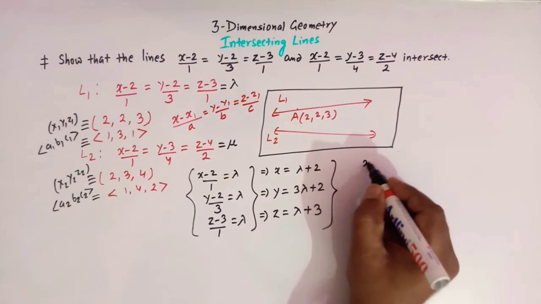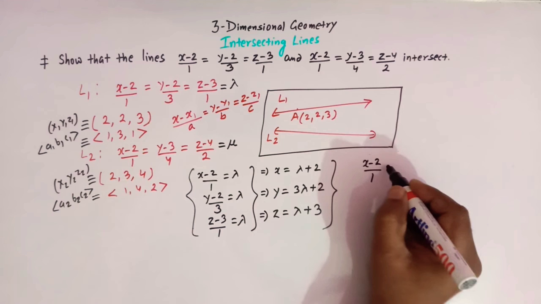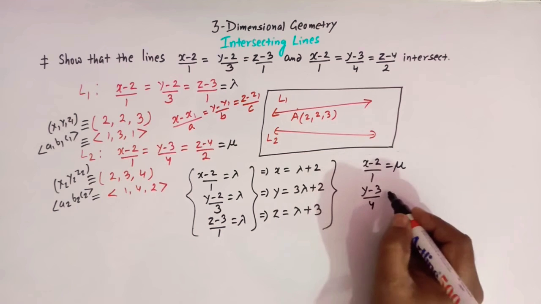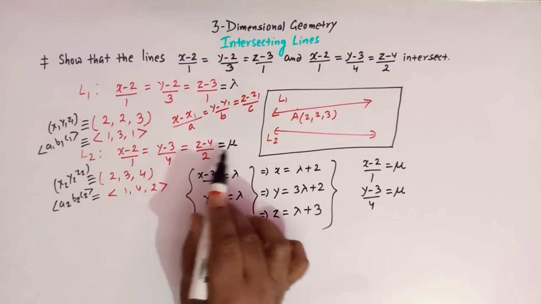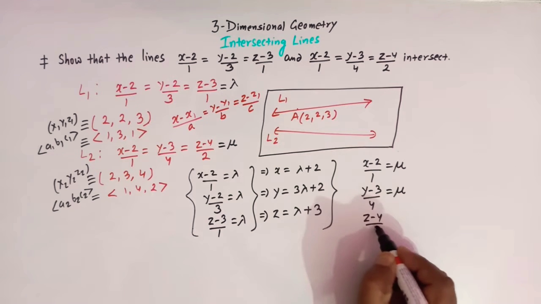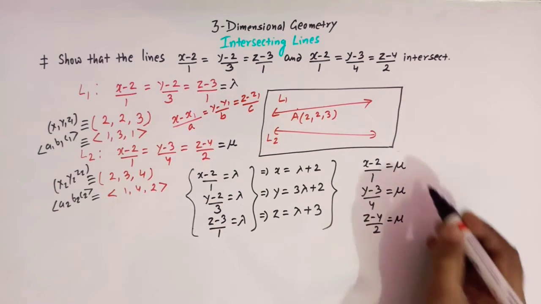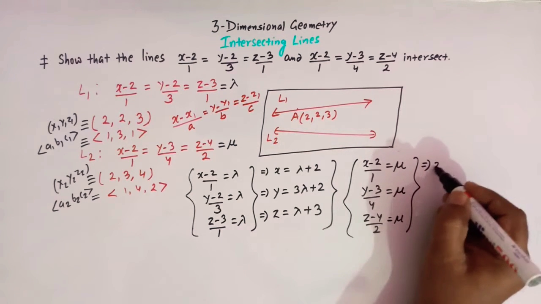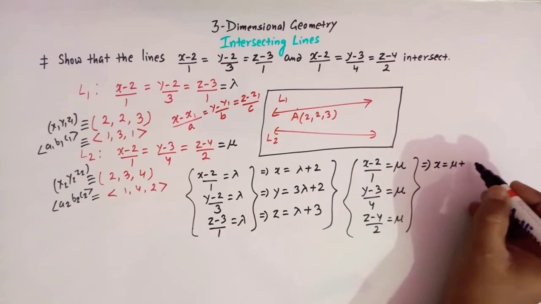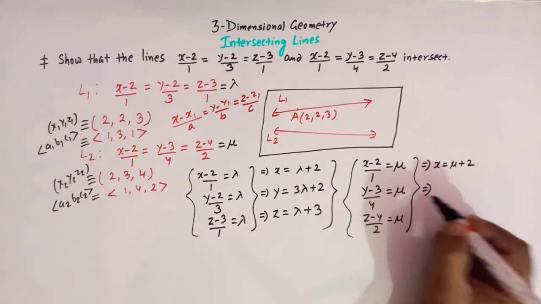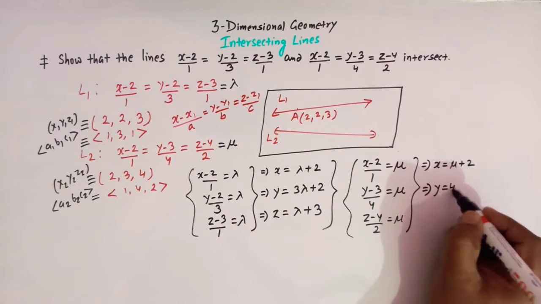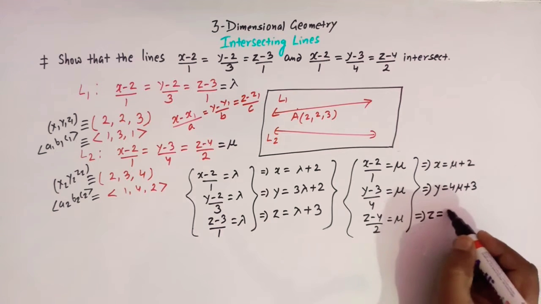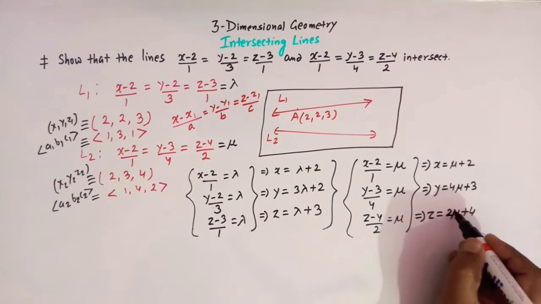So here we have x minus 2 over 1 is equal to mu, then y minus 3 over 4 is equal to mu, and then z minus 4 over 2 is equal to mu, right? So now we have x is equal to mu plus 2, y is equal to 4 mu plus 3, and z is equal to 2 mu plus 4, right?